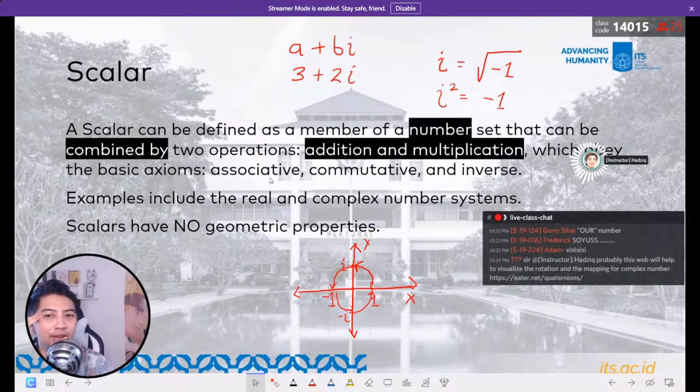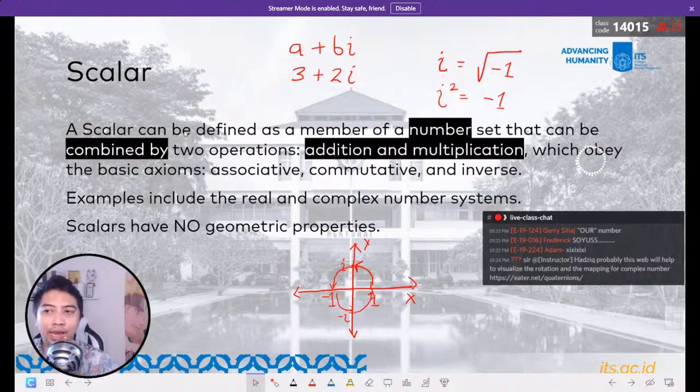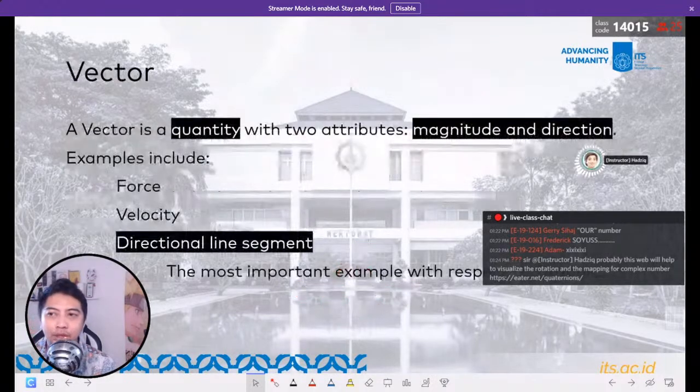Sifat asosiatif, sifat komutatif pada penjumlahan, pada perkalian, dan sebagainya. Inverse means simply giving the negative sign to your scalar. And it is very important to understand that scalars have no geometric properties. The only thing that will have geometric properties is the next one, which is vector.